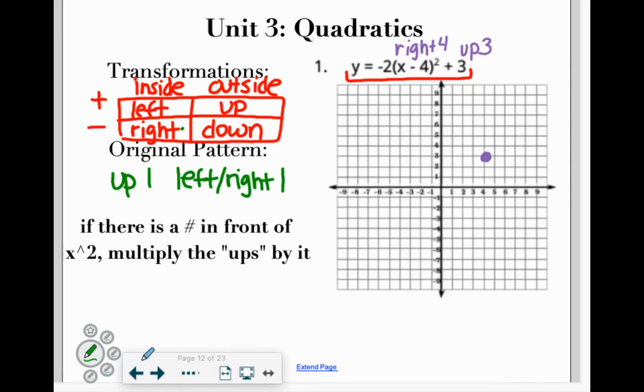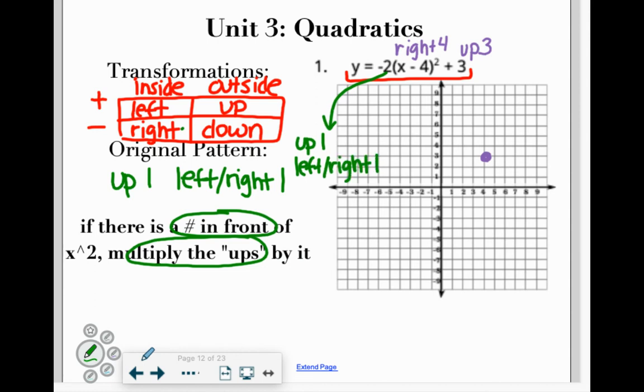And if there is a number in front of the parentheses, you're going to multiply the ups by it. So since I have a negative 2 in front, instead of going up 1, left and right 1, that's now going to be up 1 times negative 2, up negative 2.